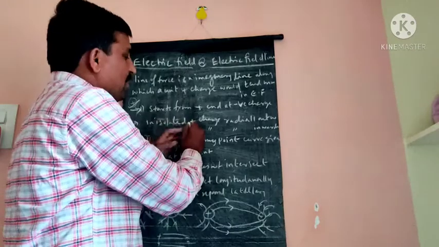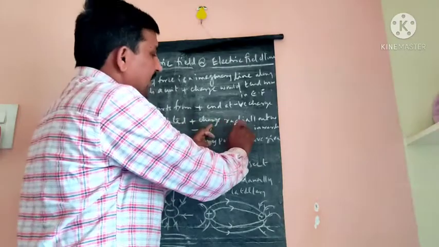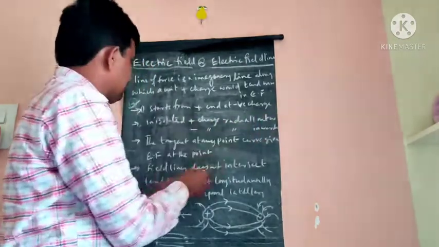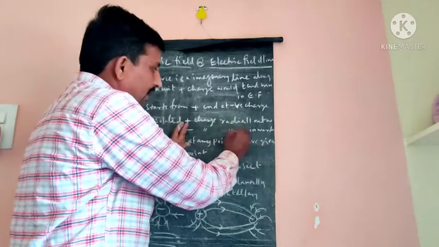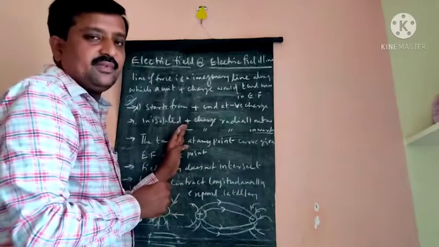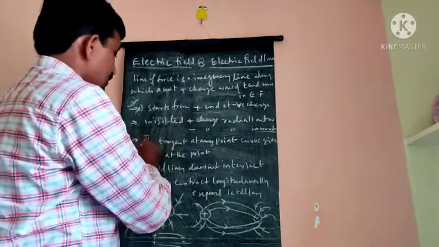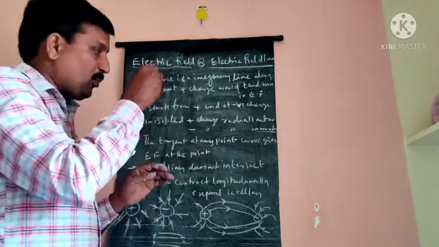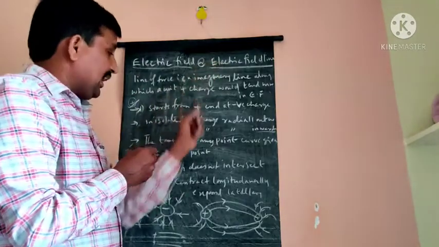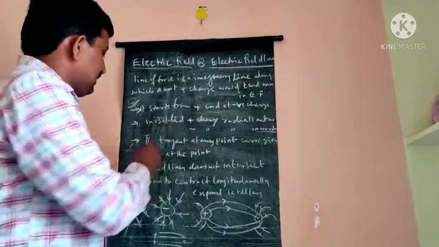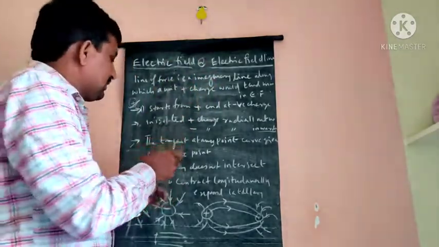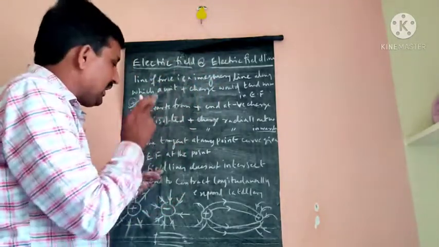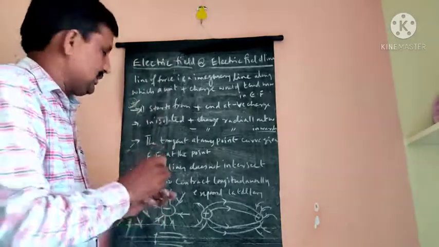In an isolated positive charge, the lines are radially outwards, and in a negative charge, radially inwards. If a tangent is drawn at any point on the electric field line, the tangent shows the direction of the electric field at that point.